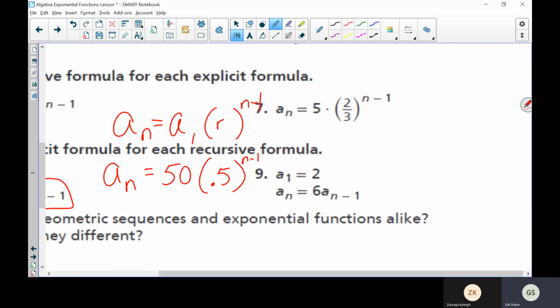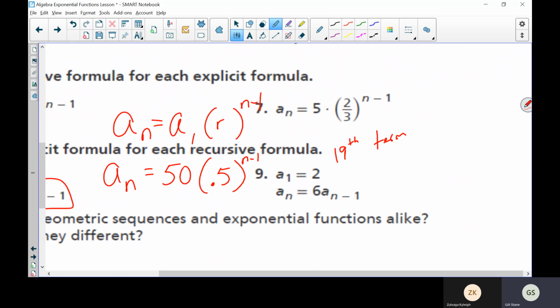You have all the information you need right there. You're writing the explicit formula for the 19th term. You don't have to solve out and try to find it. Just write the formula for the 19th term. Once you've done that and shown it to me, I'll let you have your phones out.